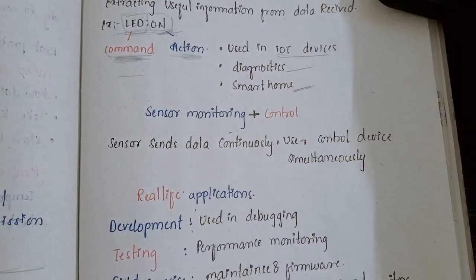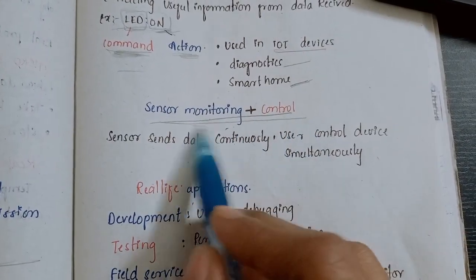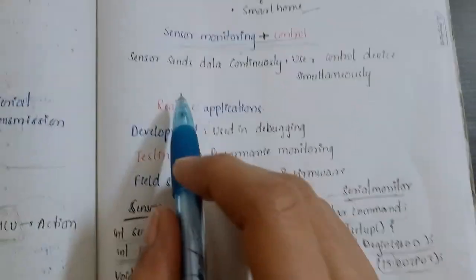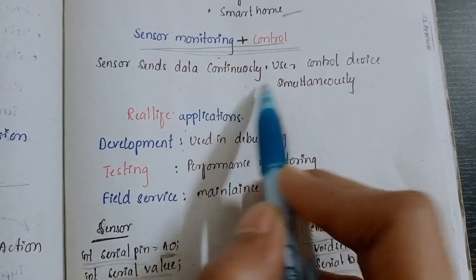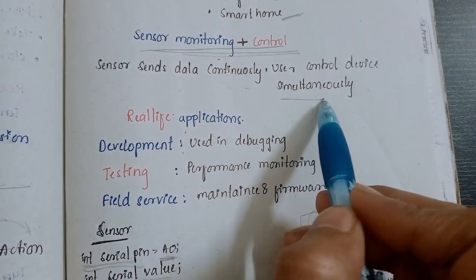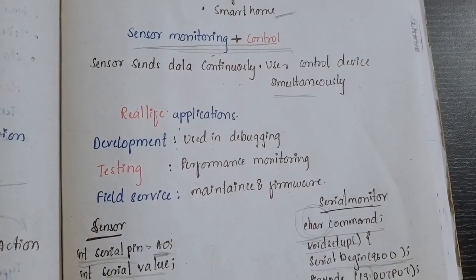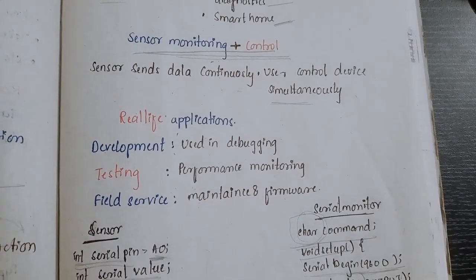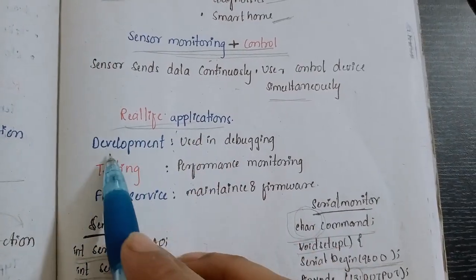The other topic is serial monitoring and control. The sensor sends the data continuously. The user also uses it simultaneously. Real life applications will be like development.